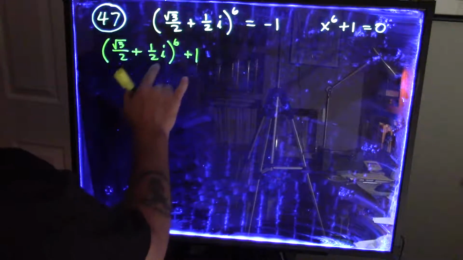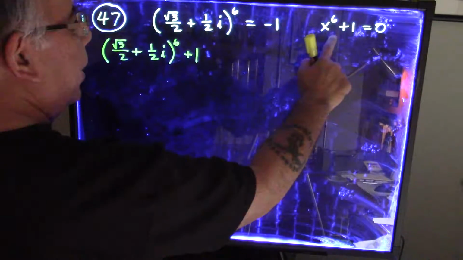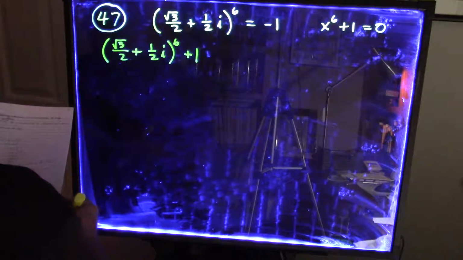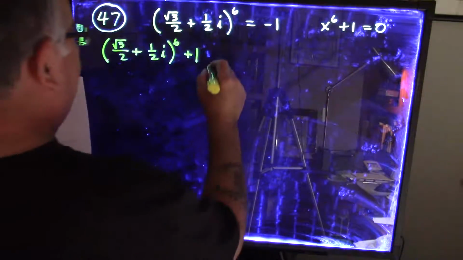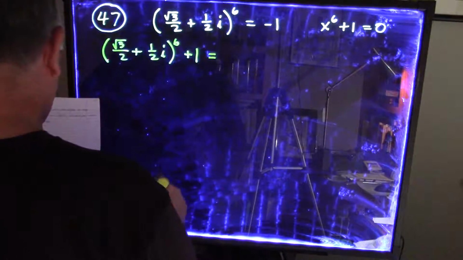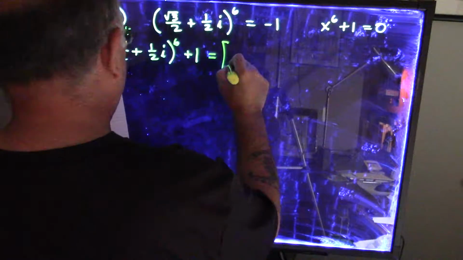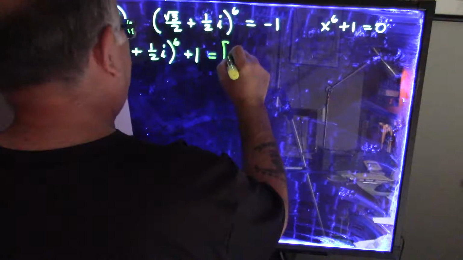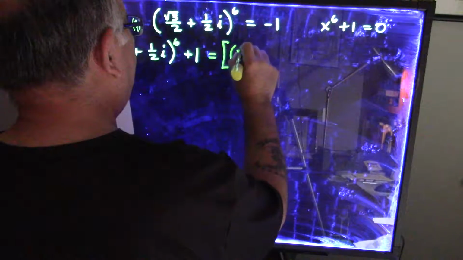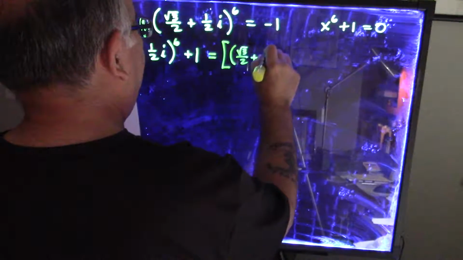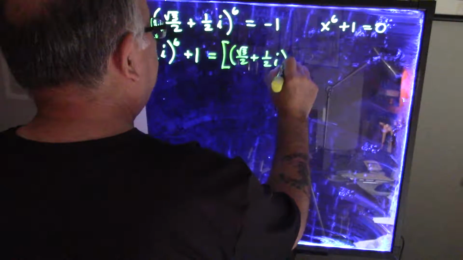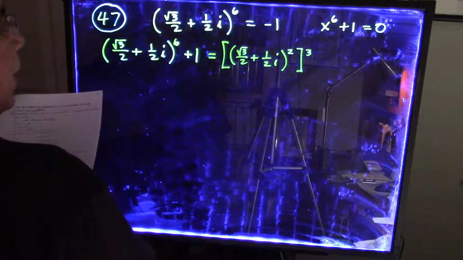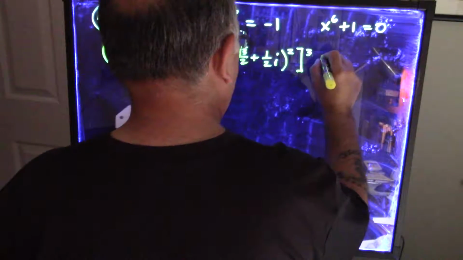I'm plugging this into x on the left side of that equation, and I'm going to see what that equals. Hopefully it equals 0. The 6th power, let's try (square root of 3 over 2 plus 1/2 i) squared, to the 3rd, like that, plus 1.